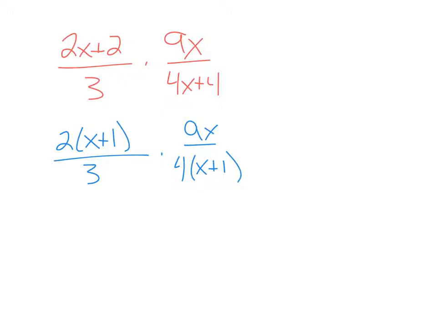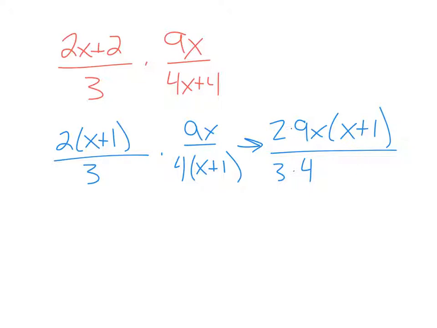And again, there's a lot of ways that you can think about this, but I think it's easiest just to say, well, this is really 2 times 9x times x plus 1, and the denominator is really 3 times 4 times x plus 1. And then you're just looking for things to cancel. Now, I didn't expand it out all the way, but you can really say that 9 is 3 times 3, and 4 is 2 times 2.